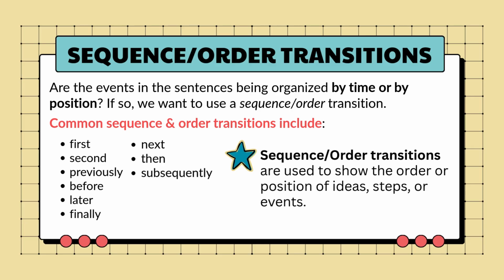Some common sequence order words are first, second, previously, before, later, finally, next, then, and subsequently. If the sentence with the blank looks like it begins with an order word because another one is in a sentence before it, think sequence order.